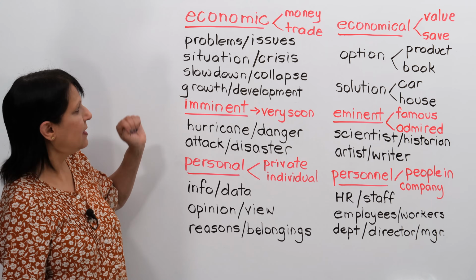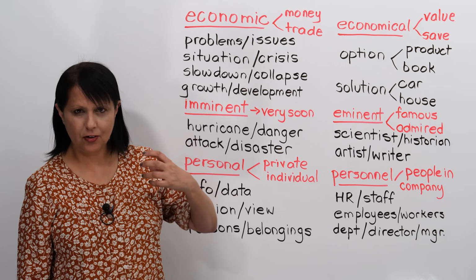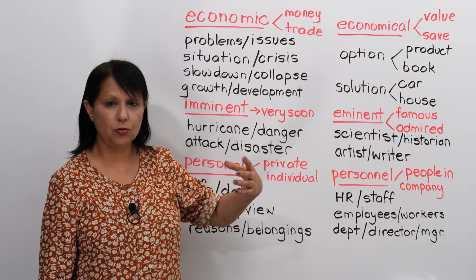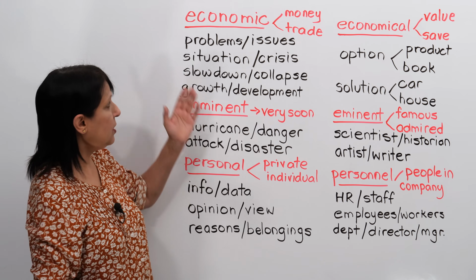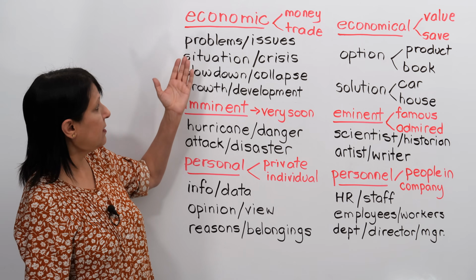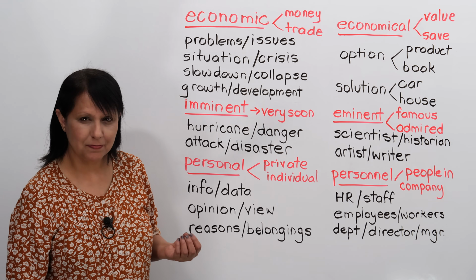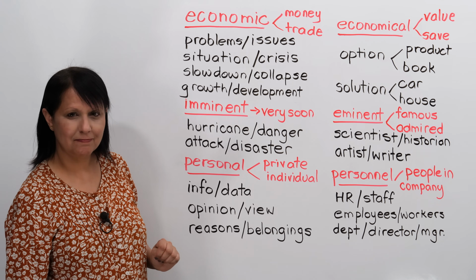The first one, economic. So first of all, what does economic refer to? It refers to money or trade or industry. All right, we're talking about the economy. So here we could say economic problems, economic issues, the economic situation.